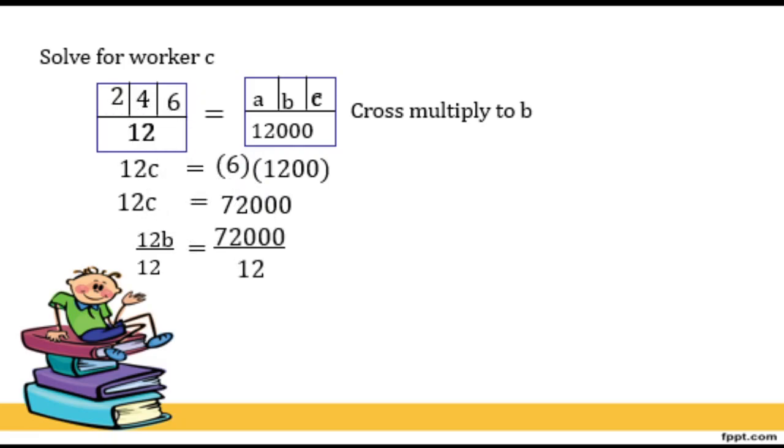Okay, so this is C, not B. So 12C divided by 12 is equal to C. This is not B. Instead, this is C. So 72,000 divided by 12 is equal to 6,000. Okay, so therefore, the workers are A, B, and C, and each worker received that amount.